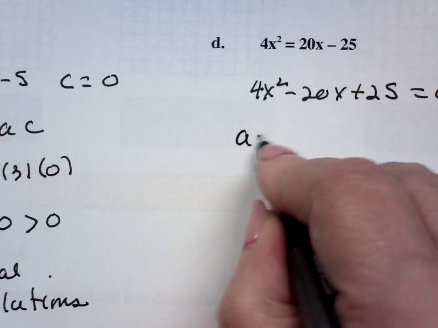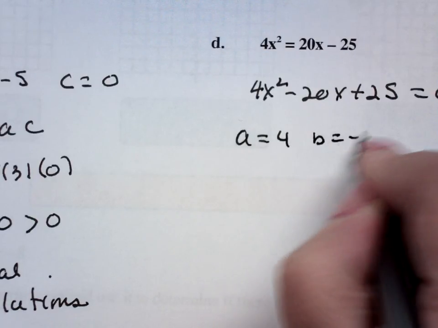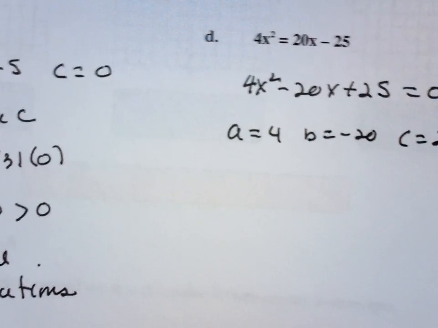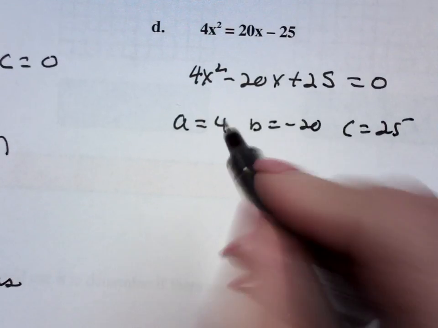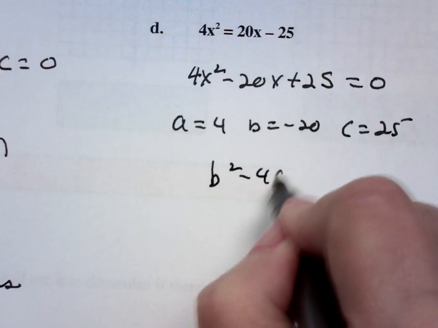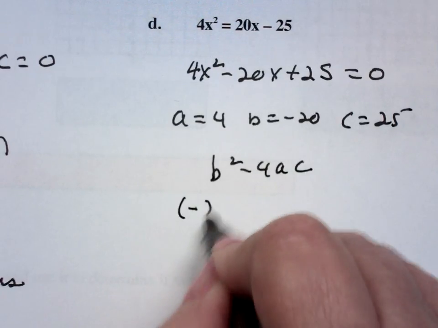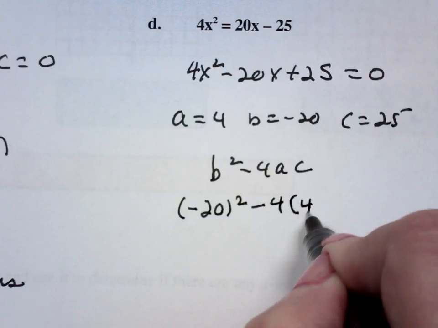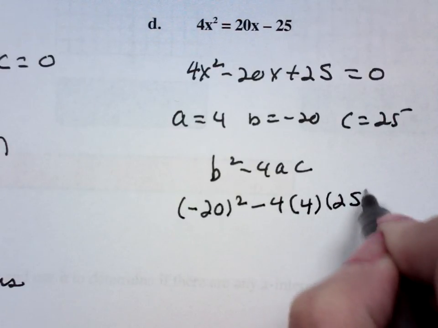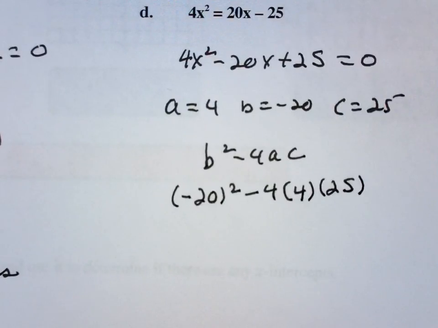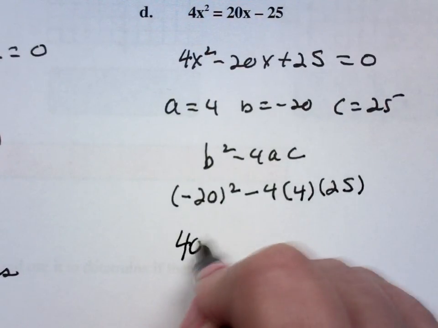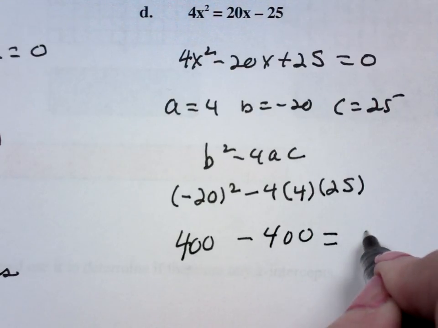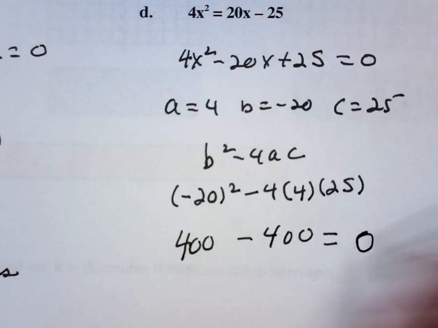So A is 4, B is negative 20, C is 25. b squared minus 4ac is going to be negative 20 squared minus 4 times 4 times 25, which is 400 minus 400, which is 0. So how many solutions do I have?